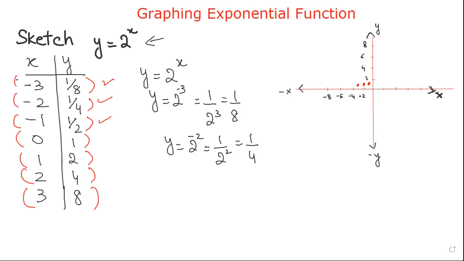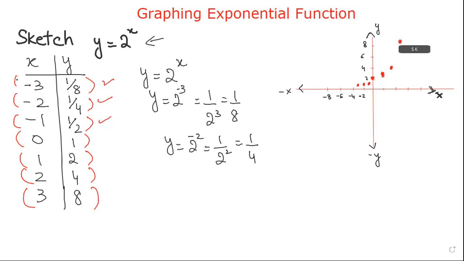So my x is 0 on this middle line, and my y is 1 here. Now 1 and 2, x positive 1 here and 2 would be here. Similarly, 2 and 4 would be a bit there, and 3 and 8 would be here.